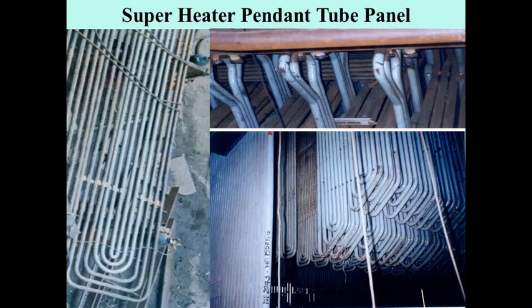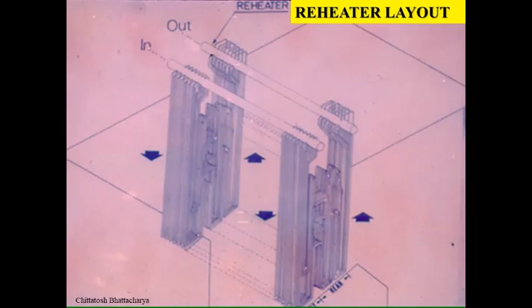for the purpose of conversion to useful work. Now let us see the reheater arrangements. From the HP turbine outlet, the steam re-enters the boiler for resuperheating, and this is done because at the outlet of the HP turbine the pressure is less, so we heat this steam in such a way that the original superheat temperature is attained.